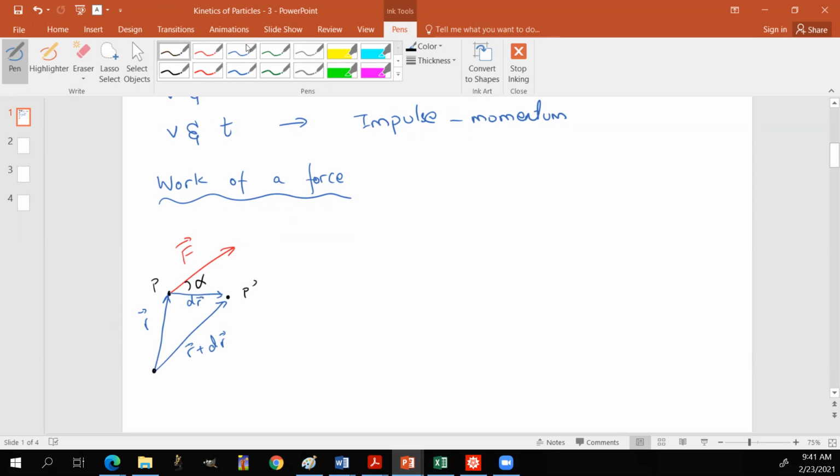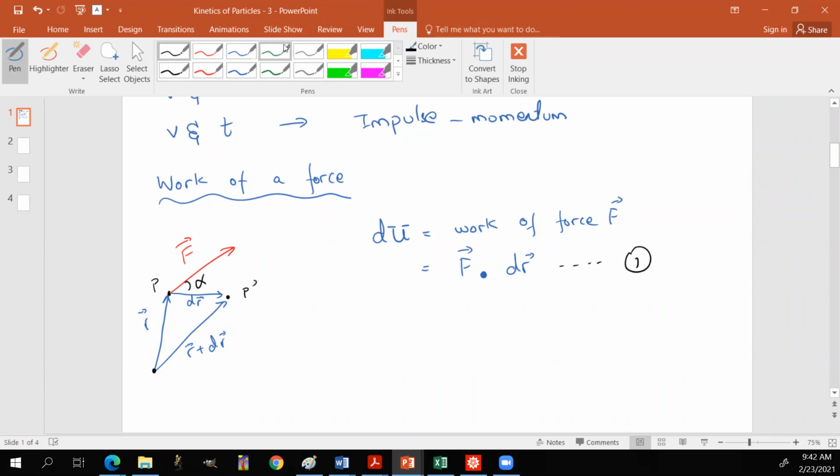So how you define the work of a force is using this expression. The small change in work, dU, is what we are calling the work of the force F, and it's defined as your vector F dotted with the change in position dr. Let's say this expression is number 1.